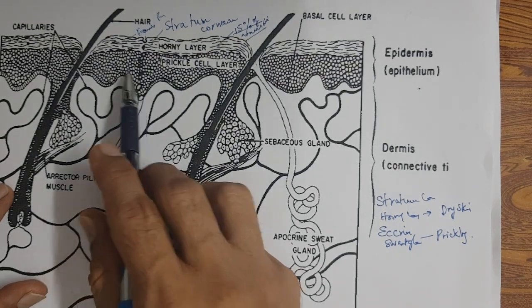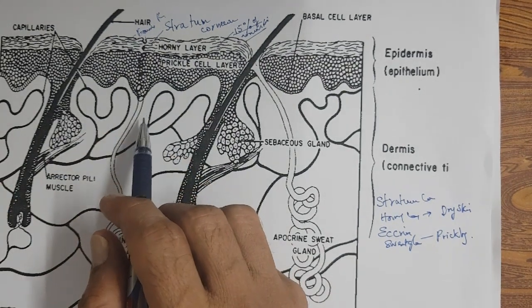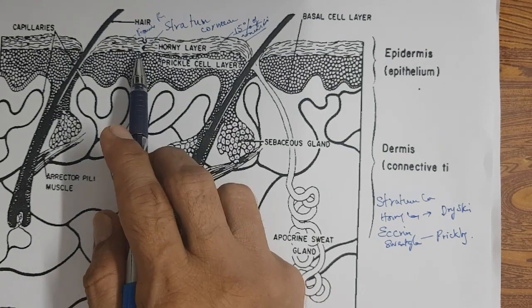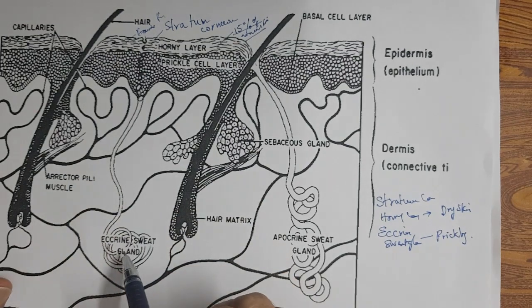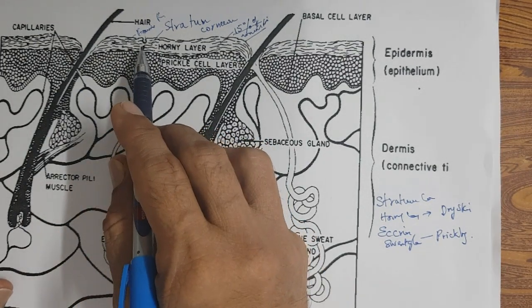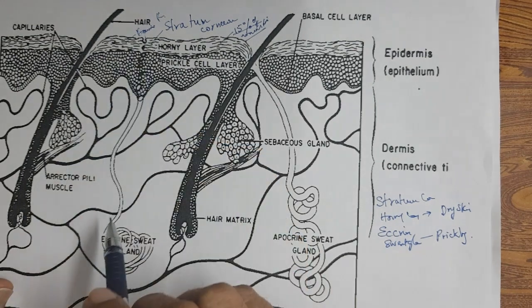That is why babies get prickly heat. How to address prickly heat we will see later, but you just know the cause for prickly heat: the duct getting blocked and getting infected.